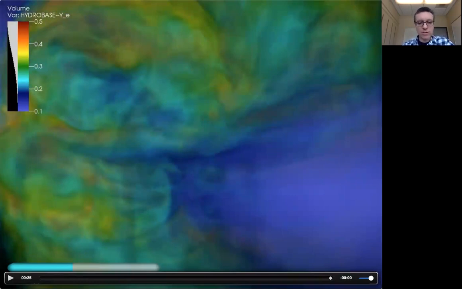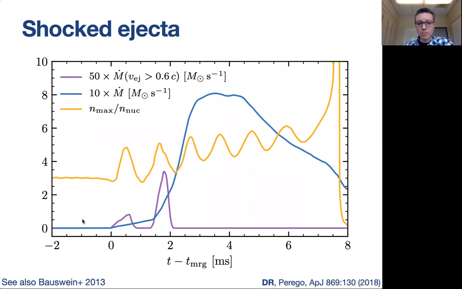So what I want to emphasize here is that despite some confusion on this in the literature, actually the vast majority of dynamical ejecta is not produced by the collision itself between the two stars, but at the time when the remnant bounces back. And you can see this a little bit more quantitatively if you look at this diagram.